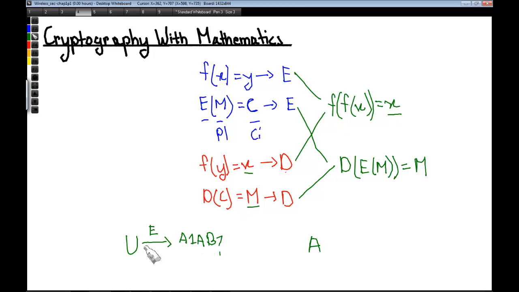When it gets encrypted, the cipher will look something like this, and then this is decrypted back to the original message, which says I want to buy a book. That was the actual original message that the user sent.